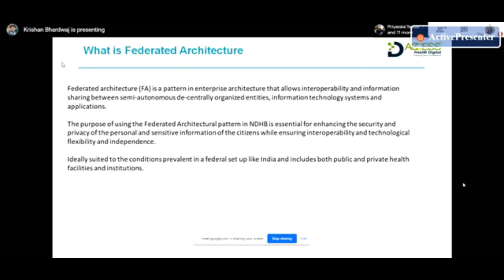So only a model like the telecom exchange can work in a country of the size of India. So the basic difference between decentralized and federated is, in federated architecture, there is a federation among multiple exchanges. In decentralized architecture, there is one single instance of exchange where all the data is owned by the respective provider organizations.